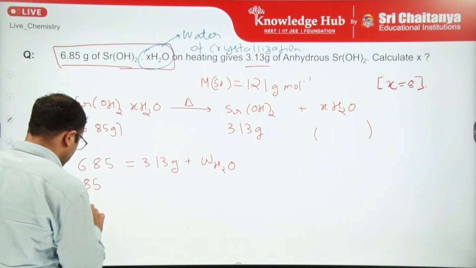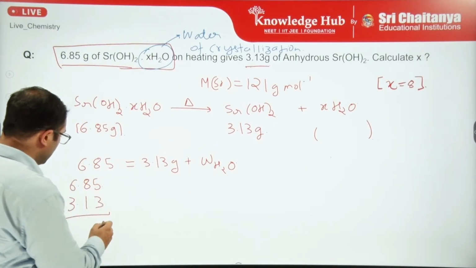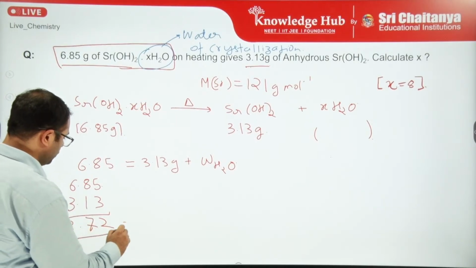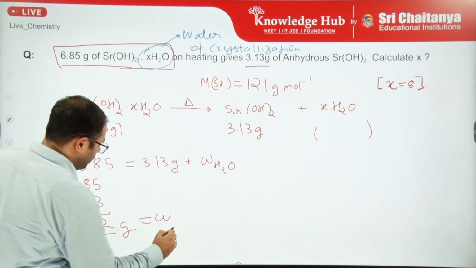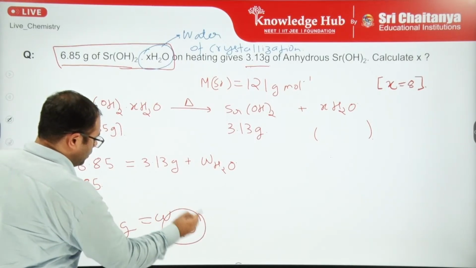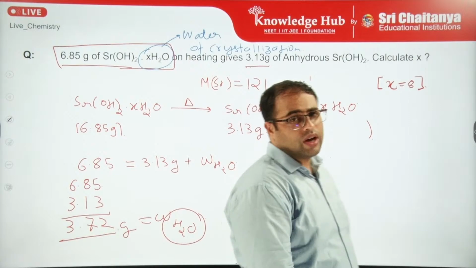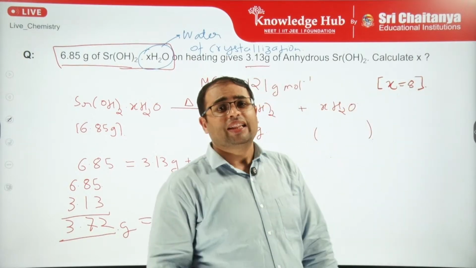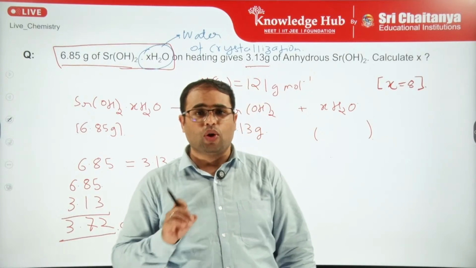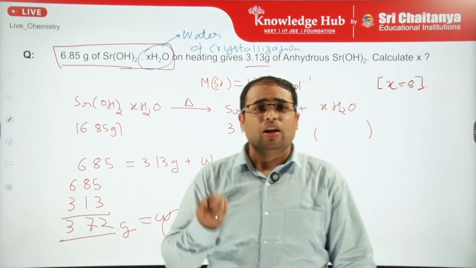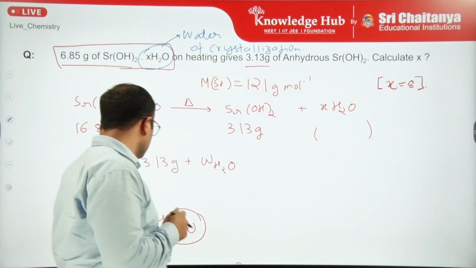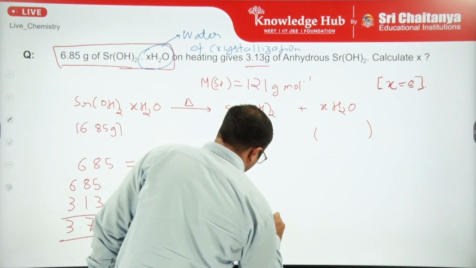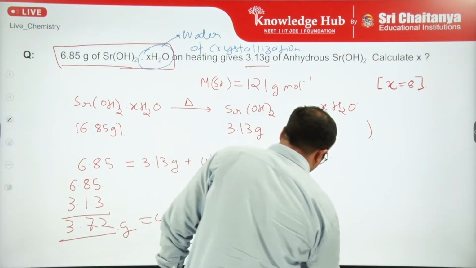So if you just subtract them, how much are you bound to get? 3.72 grams is the weight of H2O, right? So that is how you calculate the weight of H2O here. But the question does not end here. This is a combination question of mole concept and law of conservation of mass. So here your law of conservation of mass comes into the picture.